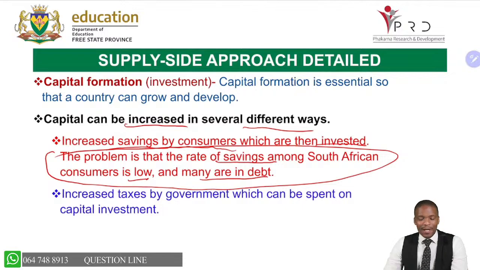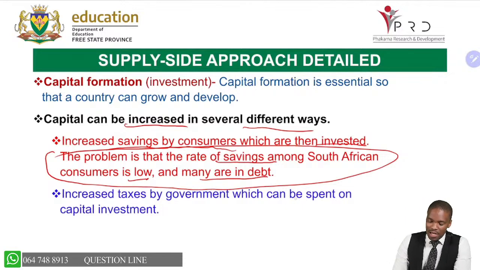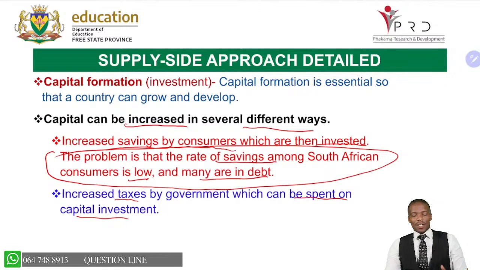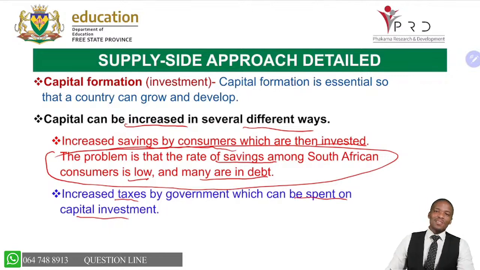Increase taxes by the government, which can be spent on capital investment. We realize that because of the high unemployment rate, the government will want ways to collect more tax, and that tax will be used to finance education.